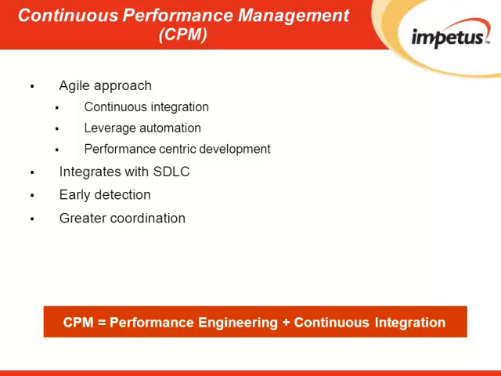CPM recommends extensive automation to reduce the manual intervention and thereby save cost, time, and effort. It also enables a greater cohesion and coordination among various team members at different stages to achieve those common goals.